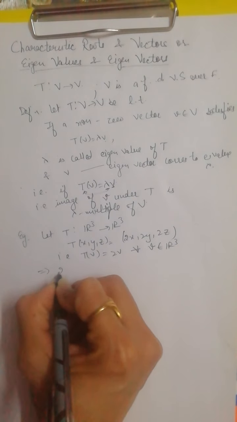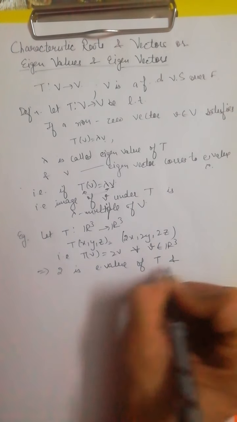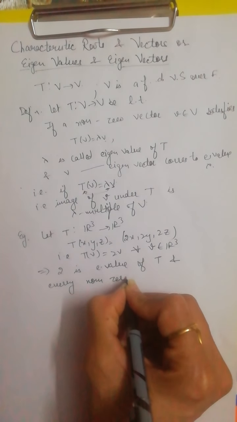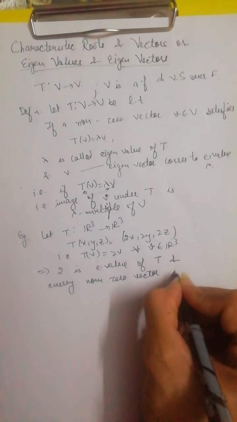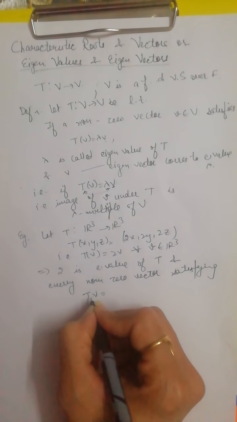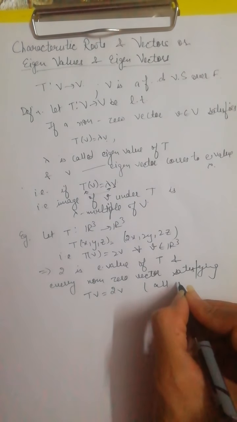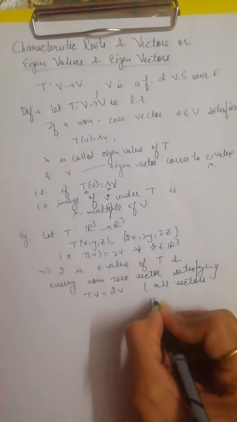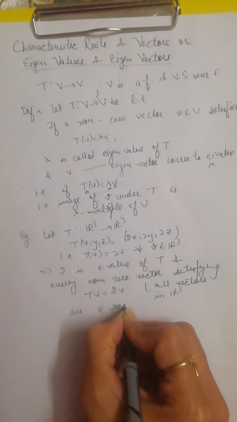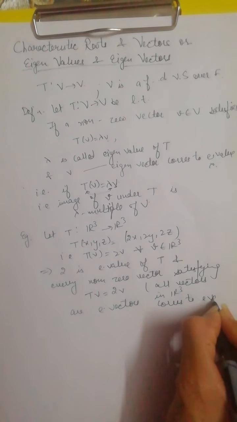That means 2 is eigenvalue of T, and every non-zero vector v which satisfies Tv is equal to 2v, that is, all vectors in R3 are eigenvectors corresponding to eigenvalue 2.